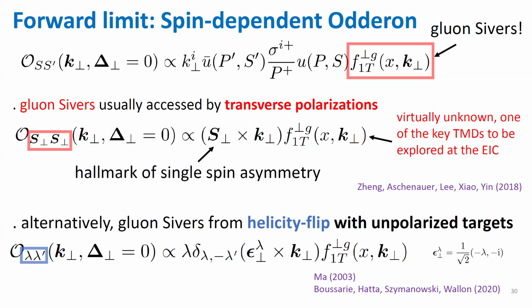I'm not sure. It will depend on the kinematics, right? At t equals 0, it's just these. But at general t, I don't think there's a computation so far. And actually, this is the reason why I'm working together with Adrian and other people on this computation, to try to have a model computation for the spin-dependent Odderon based on this quark model approach, and then we can compare with the spin-independent one and see the magnitude.